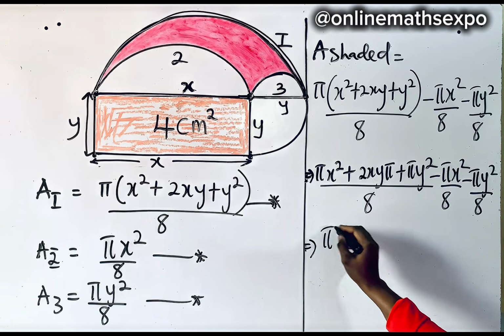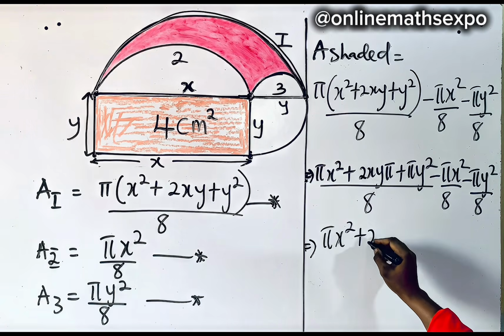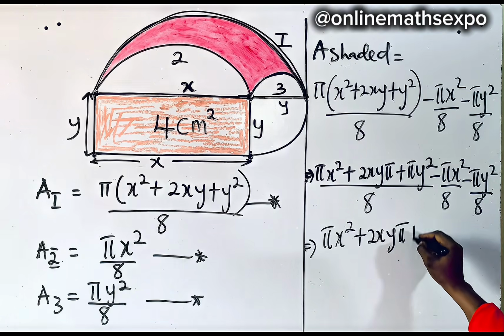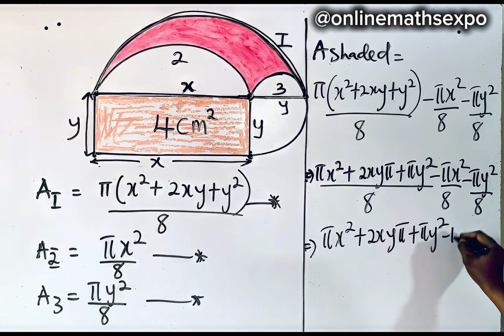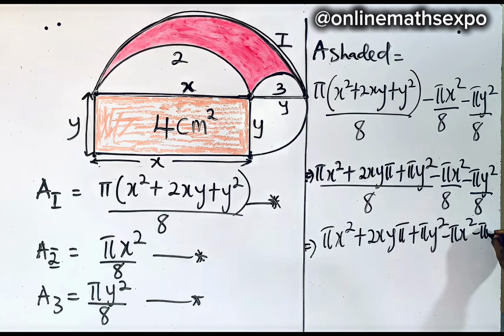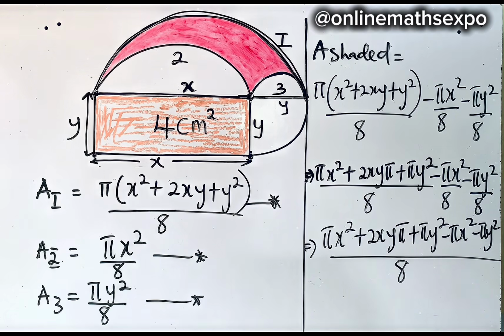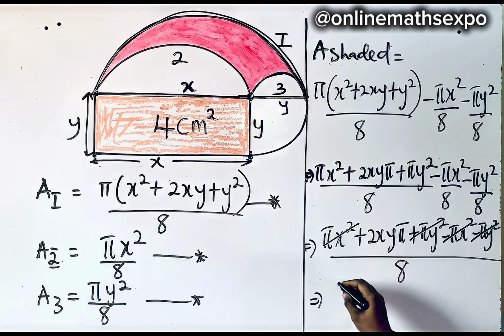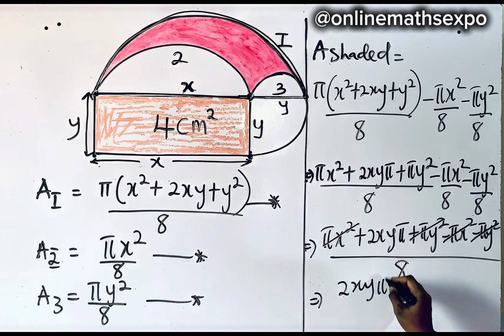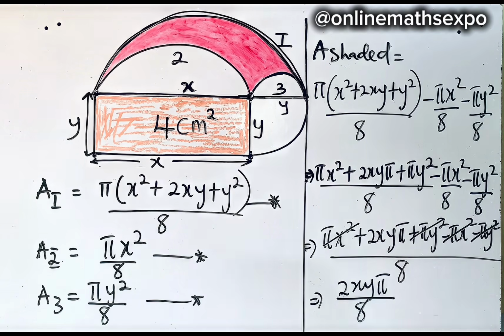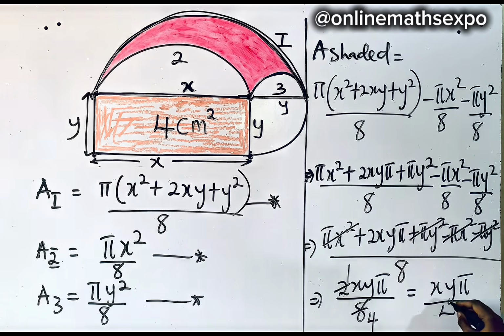So it gives us πx² + 2xyπ + πy² minus this, then divided by 8. So you can easily subtract common ones. This and this are the same. Subtract it, then subtract this, and that is left with 2xyπ divided by 8. You divide this one, divide this 4, and that gives us xyπ divided by 4.